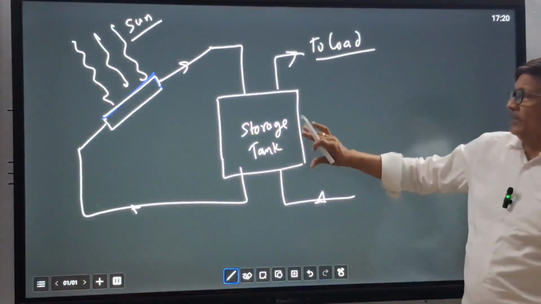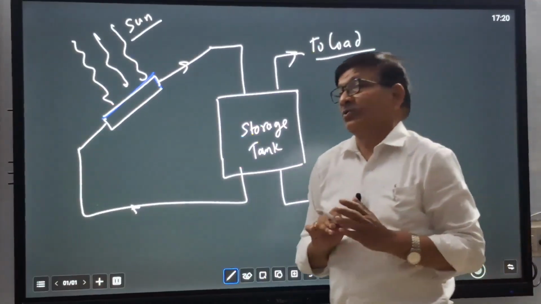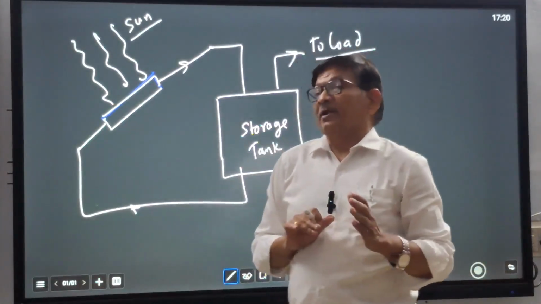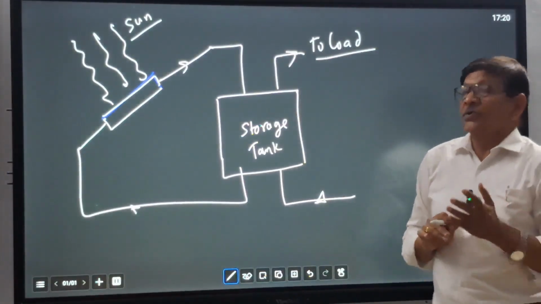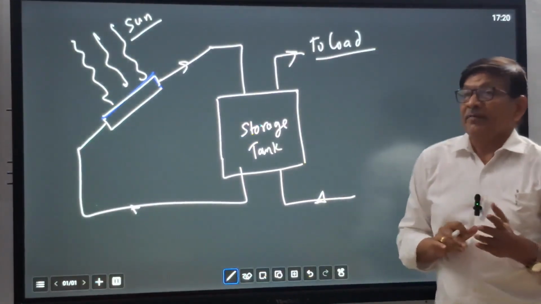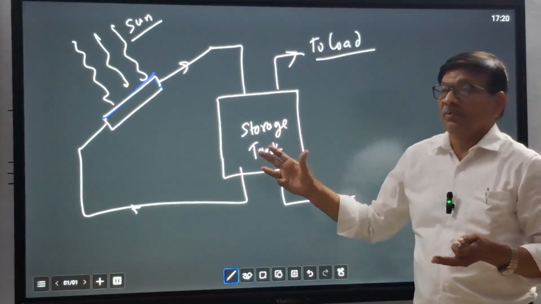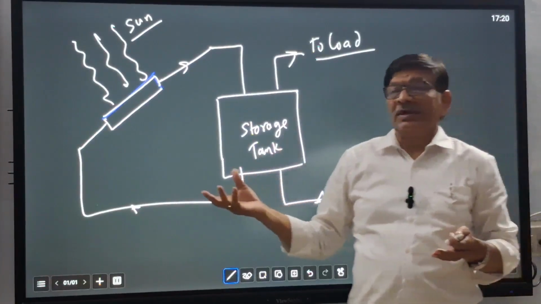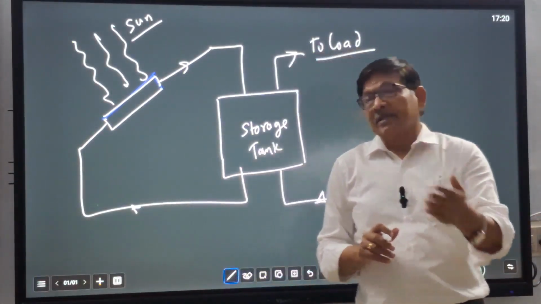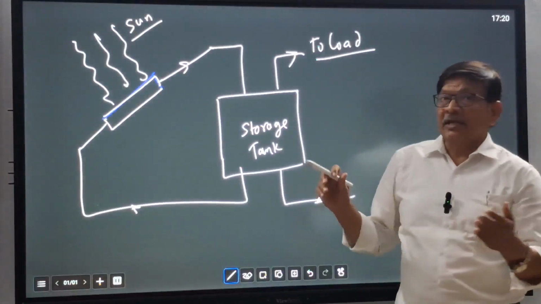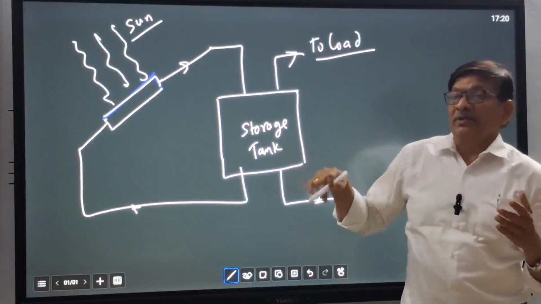But it is a very simplistic diagram, and there are very complex types of energy storage systems available, with different materials depending upon the kind of load requirement. If the load requirement is generation of power, then a heat energy storage system at very high temperature is required, and for that we need materials which can withstand the high temperature and provide energy at very high temperature.